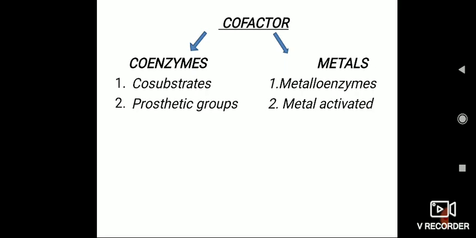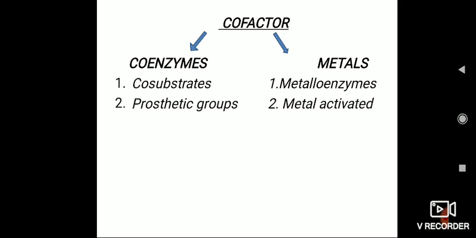Metalloenzymes simply mean that the enzyme is having that metal and they both cannot be separated. But the metal activated enzymes are the enzymes which do not possess that metal as part of them, but the metal is present in the environment and it is used during the reaction and helps in the catalysis.